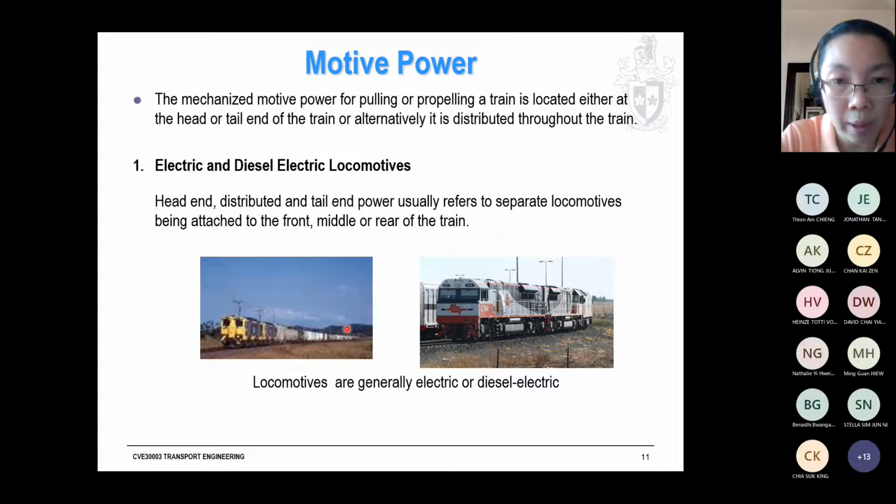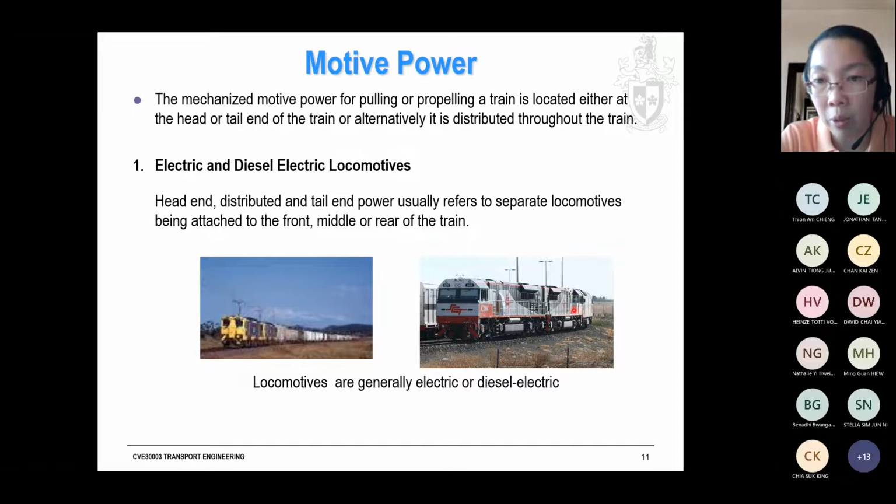So if you look at this train, these three yellow colored ones are the locomotives. Okay, so these are the ones that provide power to move the train forward, to pull the train forward. The rest are just carriages. They won't move on their own. But this tree, excuse me, this train will then move forward on its own, because these are the ones that have power to do so.